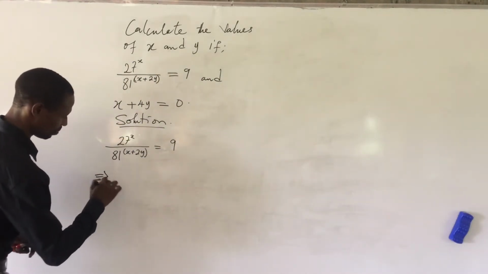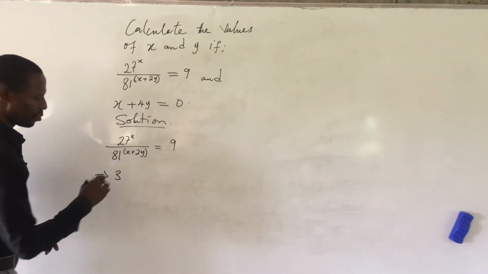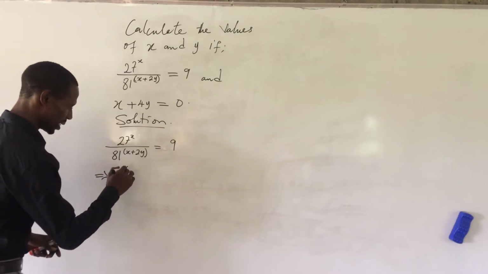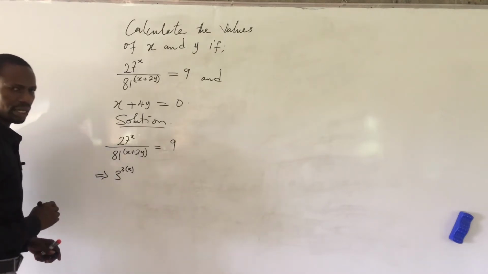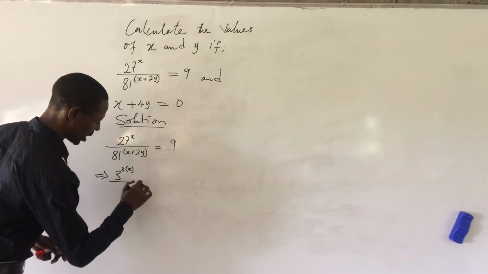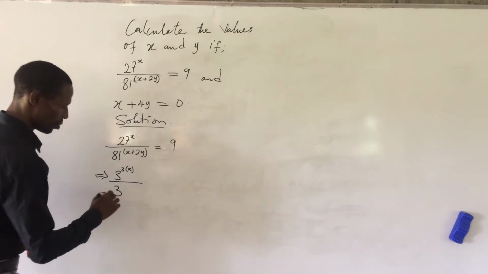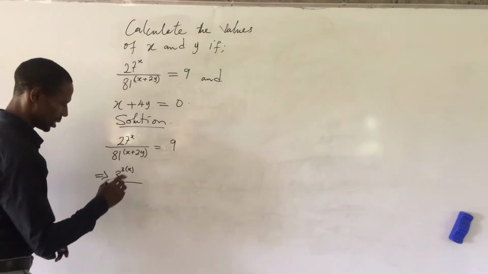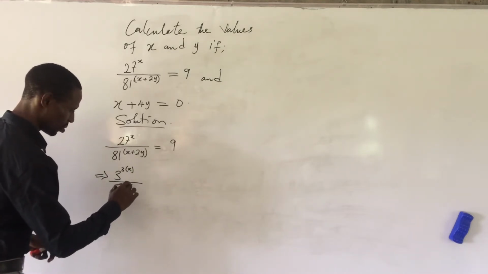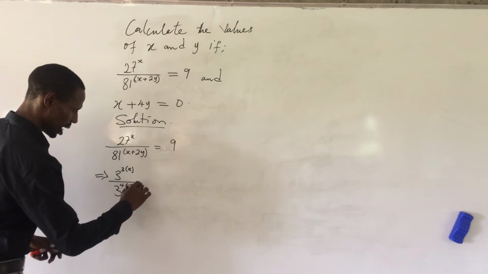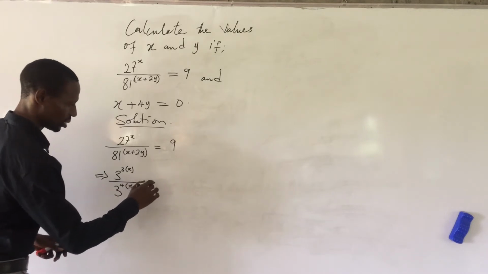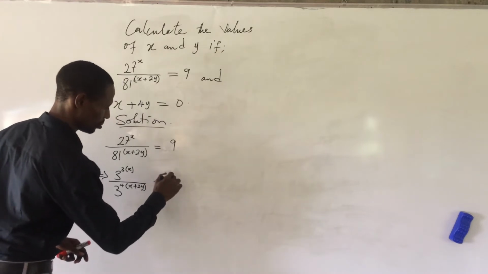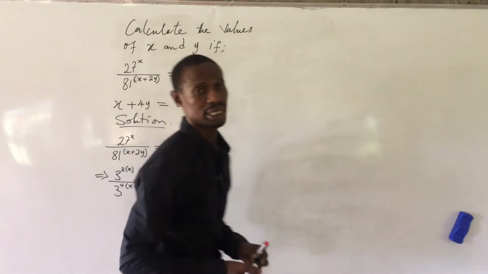So this now implies 3 raised to the power 3 will give us 27, then bracket your x, which is already there, all over 3 raised to the power of 4 will give us 81, then bracket open whatever we have at the top, close bracket, equal to 3 raised to the power 2, which is 9.